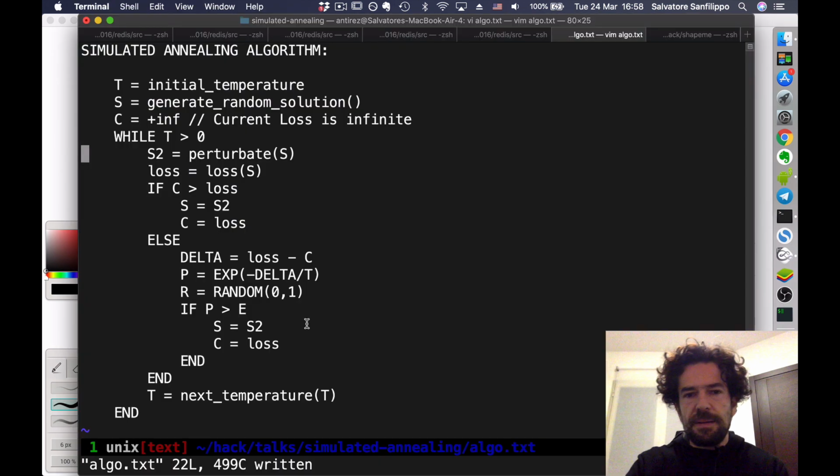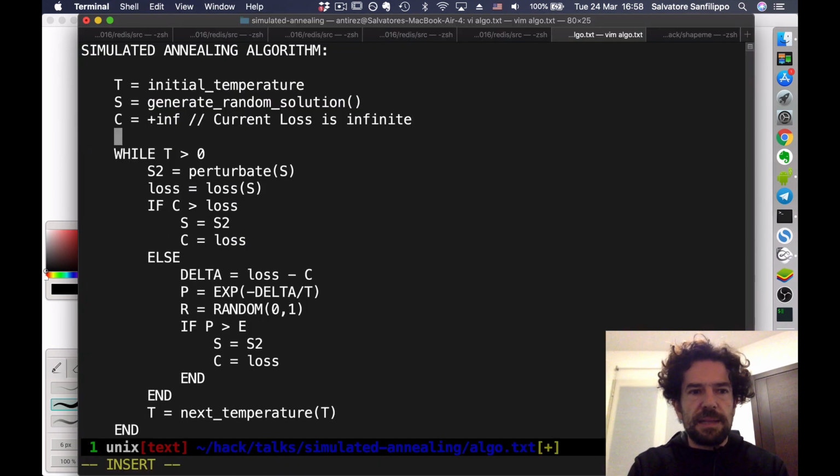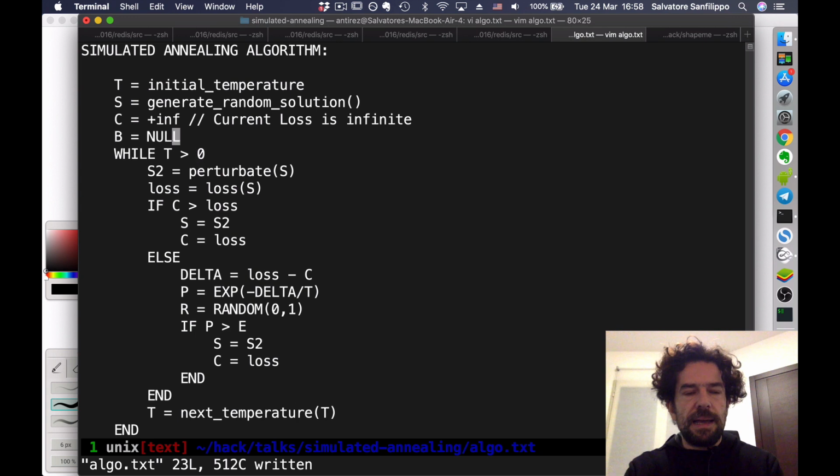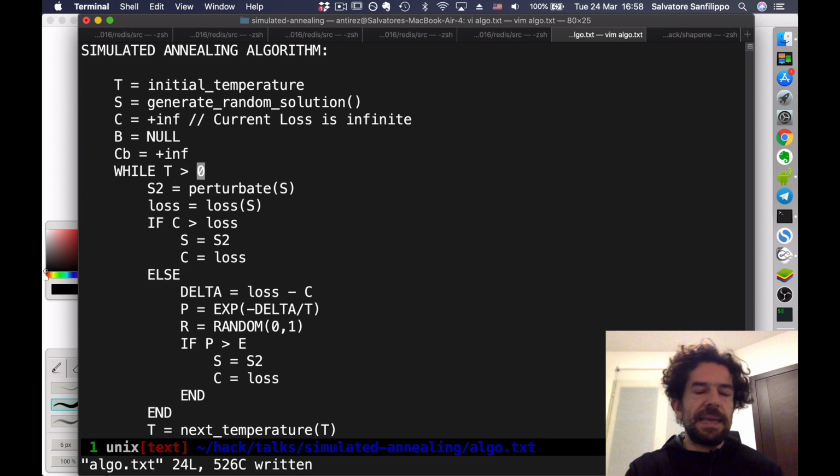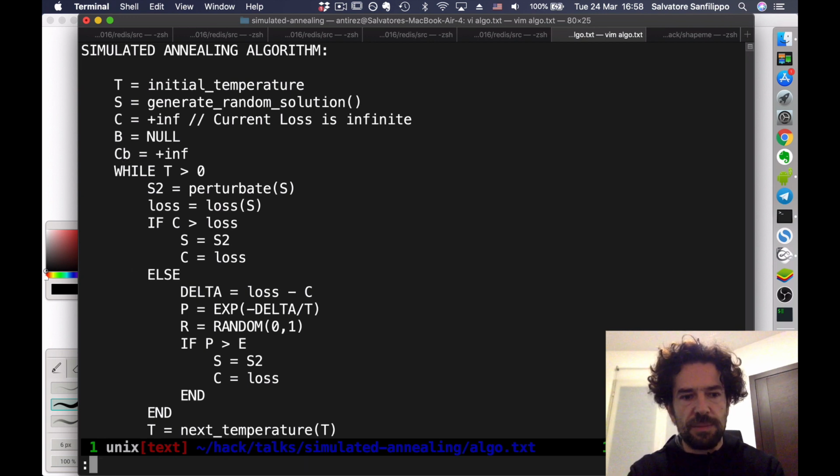So basically, the algorithm is updated having a best candidate. Initially it will be just null, and then I have also a CB, which is the loss function of the best current solution, and then I can update this best solution and after some cycles restore it. It's a simple change to the algorithm.